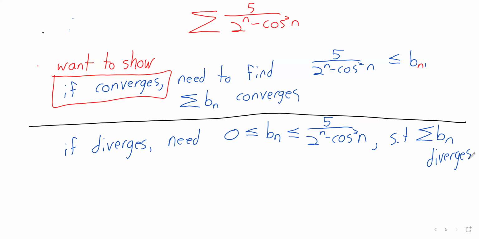Again, when I say if it diverges, what I mean is that we suspect it diverges, and we are trying to show it, and this is how we would show it using the comparison test.